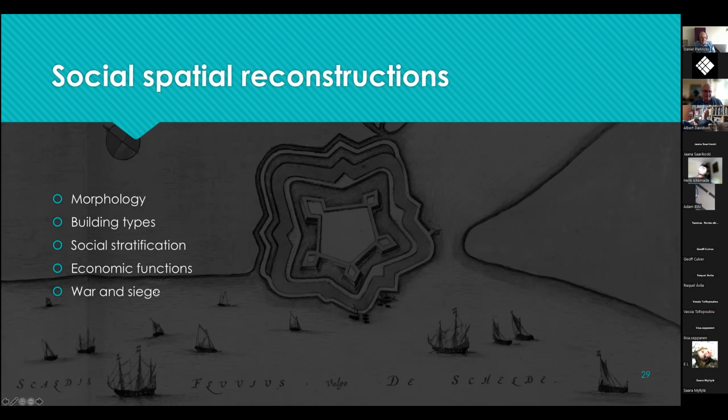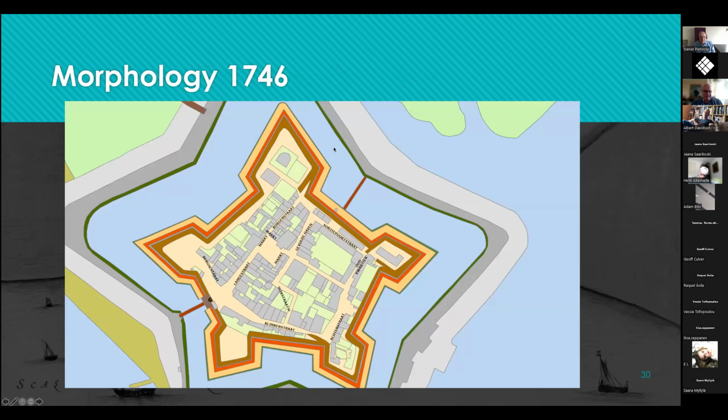But that one battle did a lot of damage, and so that damage also we have tried to map to get a hold of how military-wise these things functioned. Is it really protected from that side, and does it, from a military point of view, work like we think it should? Okay, so this is the middle of the 18th century.